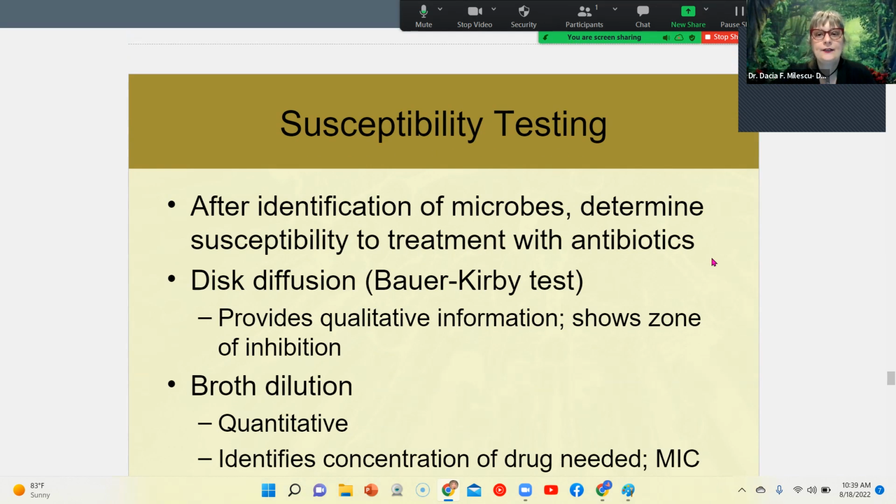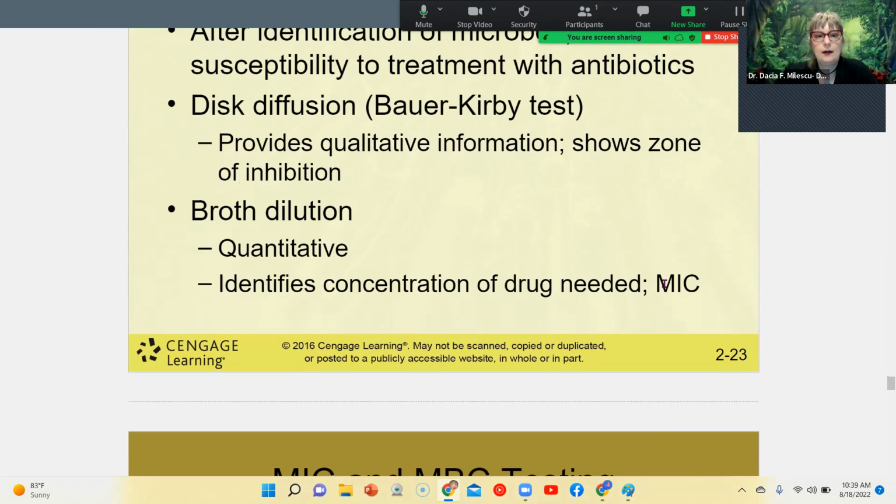So after identification of the microbes, you can determine the treatment via the disc diffusion, as I've been mentioning. This is called the Kirby-Bauer test, where you have the antibiotic discs, which will provide the zone of inhibition. All right. At this point, you need to do a broth dilution, which is a quantitative analysis, which identifies the concentration of drug amount needed to kill.